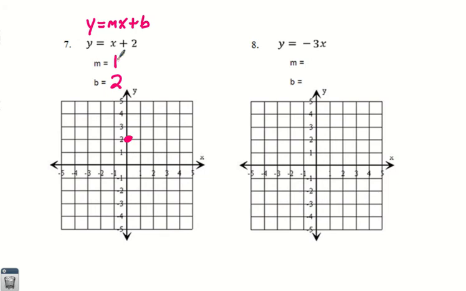Now my slope is 1. What does that mean? What's my rise and my run? Well, is 1 a fraction? It is, especially when you put it over 1.